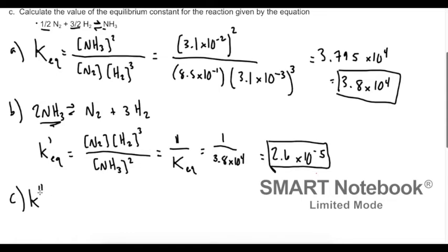So I'm just trying to remind myself that this K value I'm looking at is related to the first one I calculated. So once again, it's just going to be the product raised to its stoichiometric coefficient, but this time that's a 1, right? Divided by the reactants raised to their stoichiometric coefficients. I'm raising this one to the 1/2 power. And H2 I'm going to raise to the 3/2 power.